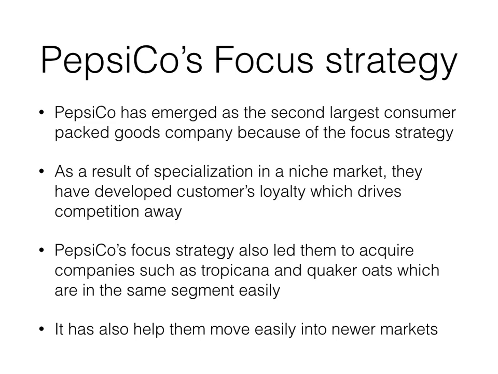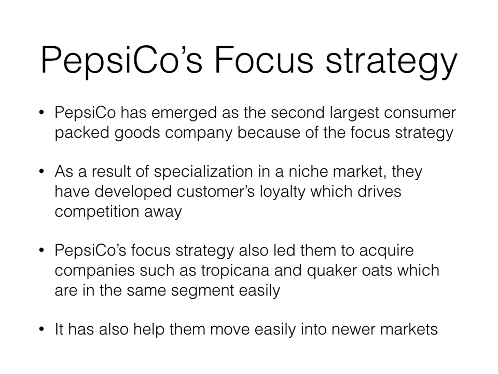So people that buy products of PepsiCo are inclined, even if there's a fluctuation in price, just because they do not necessarily have access to substitute goods, to buy more of PepsiCo's products. Also, their focus strategy has helped them to acquire companies such as Tropicana and Quaker Oats, which are in the same segments, easily.